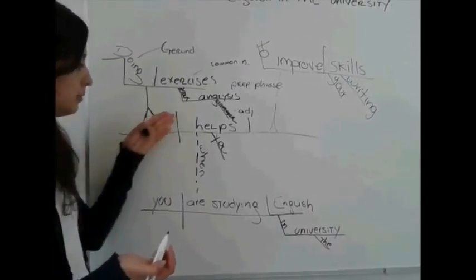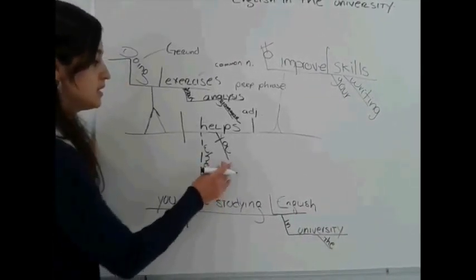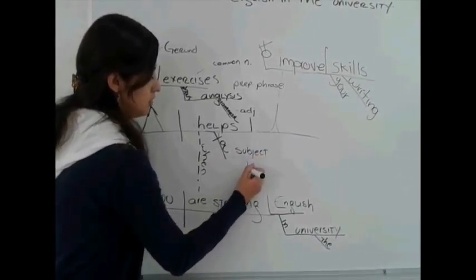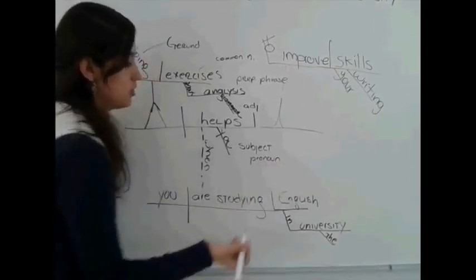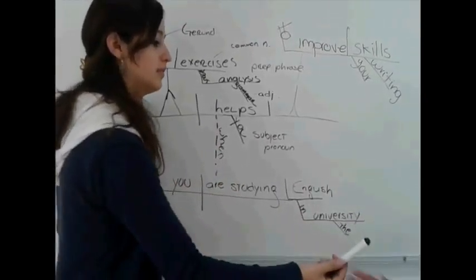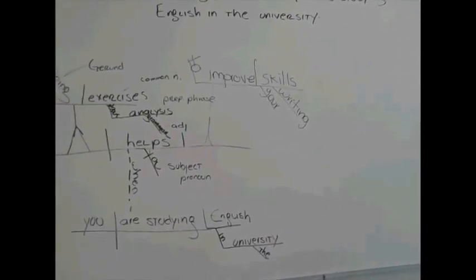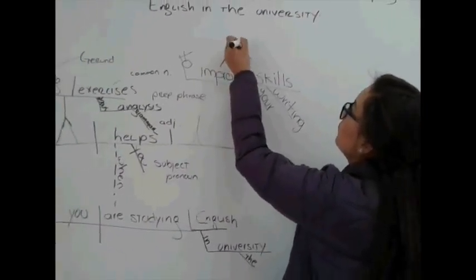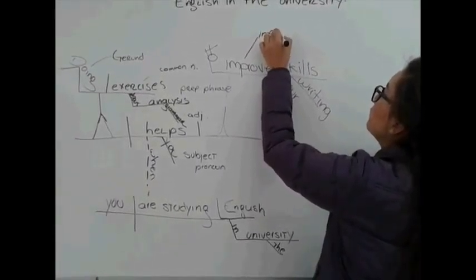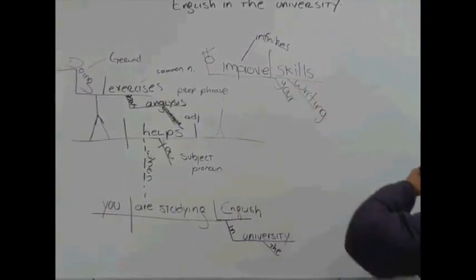And then we have our verb, helps, in simple present tense, and you. In this case, this is a subject pronoun, functioning also as an adjective. And then we have our direct object. Here we have this symbol for infinitives. After that, we have the object of the infinitive, which is skills.